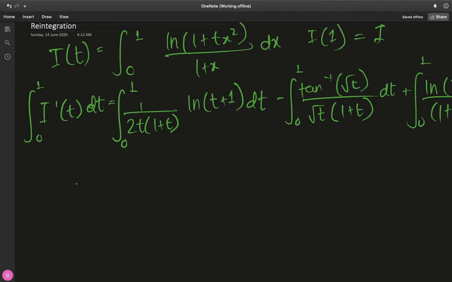Okay, fair enough. So we know that this integral on the left is just I, our original problem. And well, look at this first integral over here. It looks like we can again perform partial fraction decomposition because the denominator is a product of t times 1 plus t. So this partial fraction decomposition, however, is very easy.